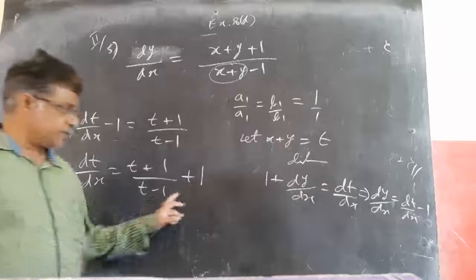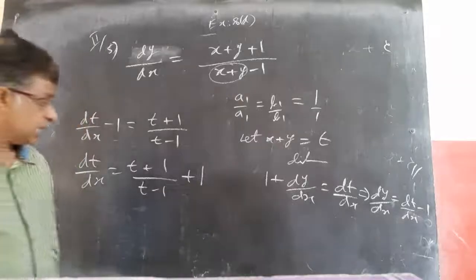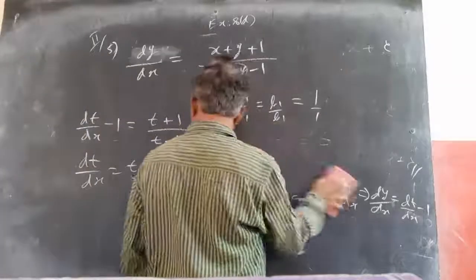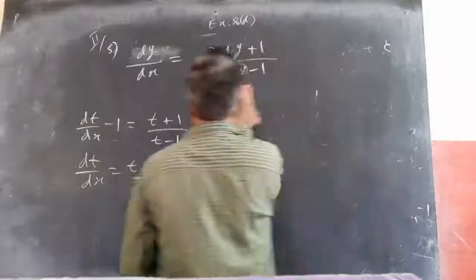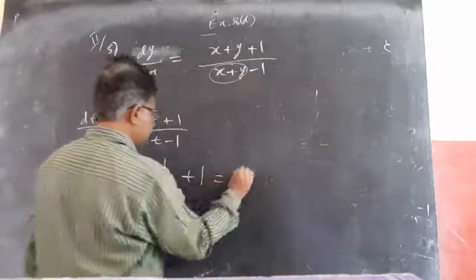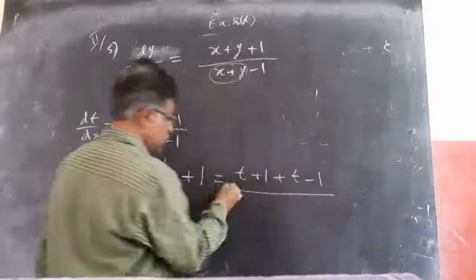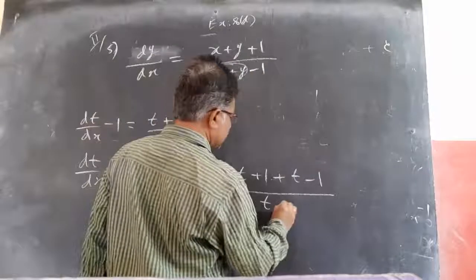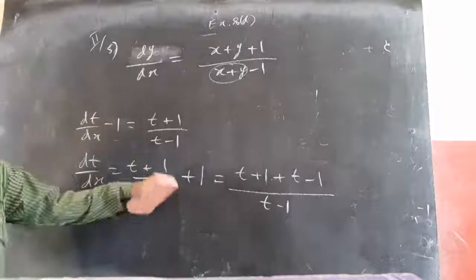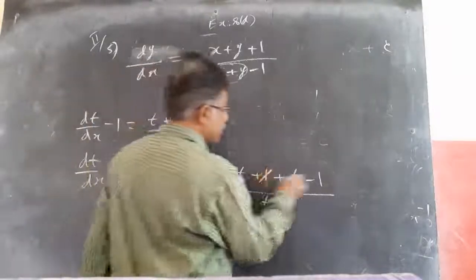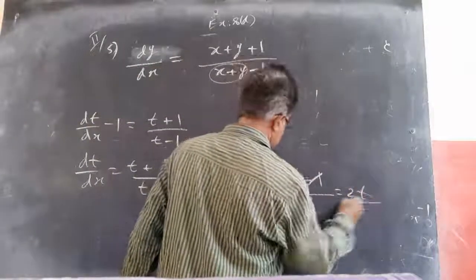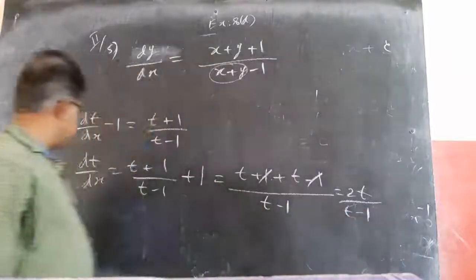Now take the LCM of these two, which is t minus 1. So the equation becomes (t plus 1 plus t minus 1) by (t minus 1), which becomes 2t by (t minus 1).